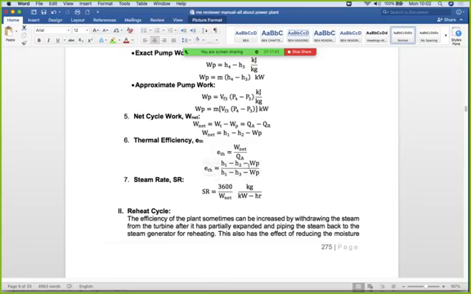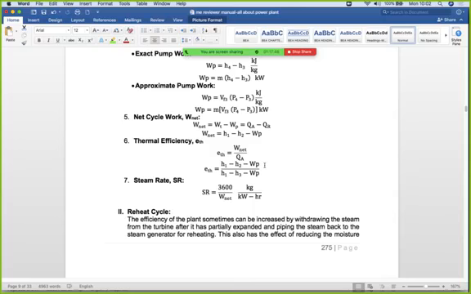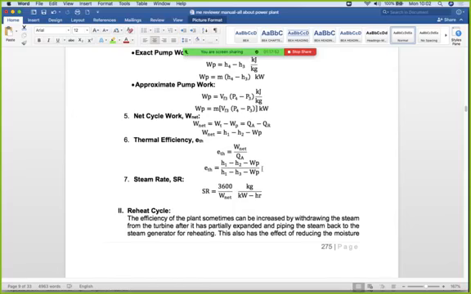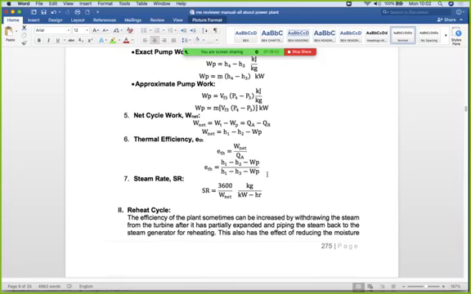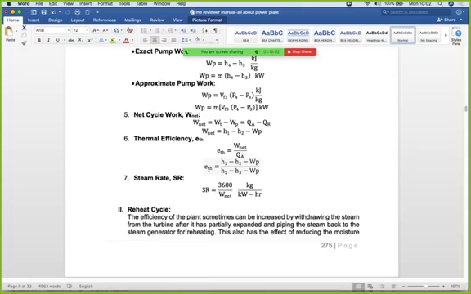This is pump work. That is the thermal efficiency with regards to this stage, where there is pump work. This is H1 minus H2 minus WP over H1 minus H3 minus WP. That is the thermal efficiency.